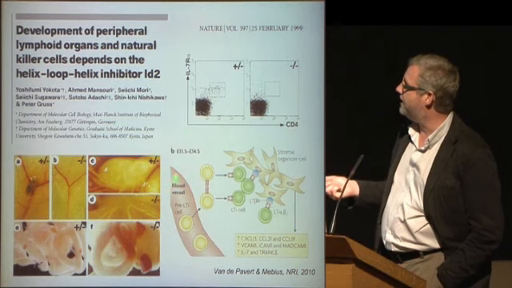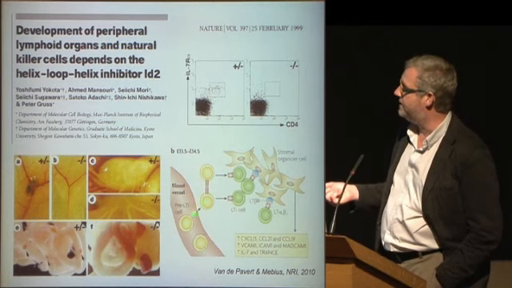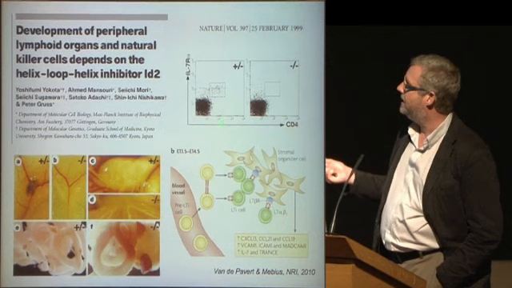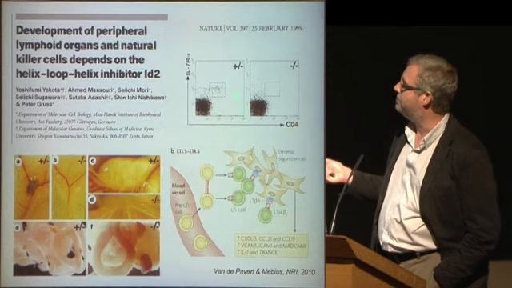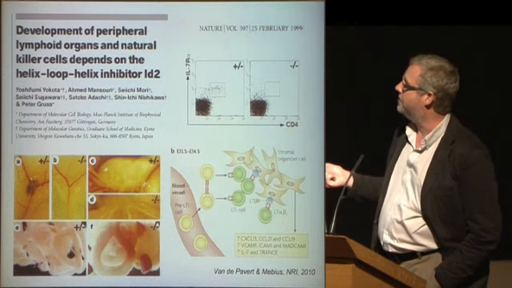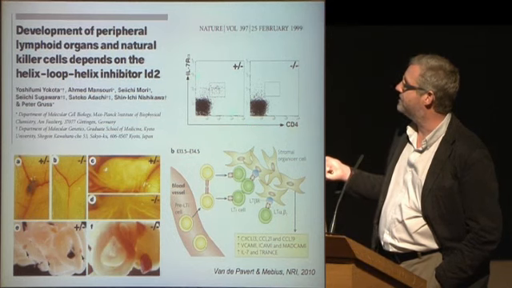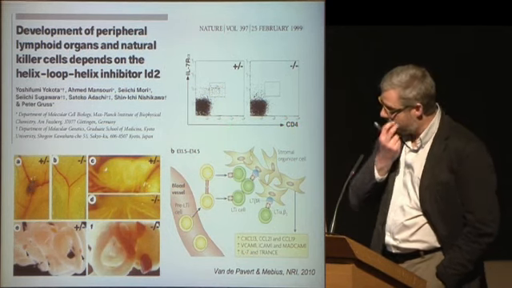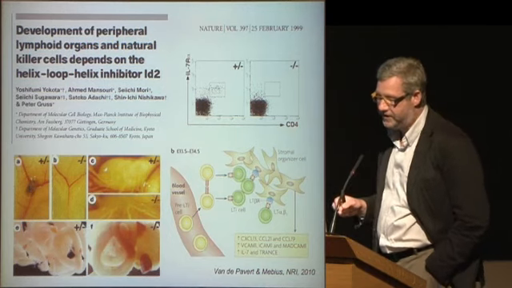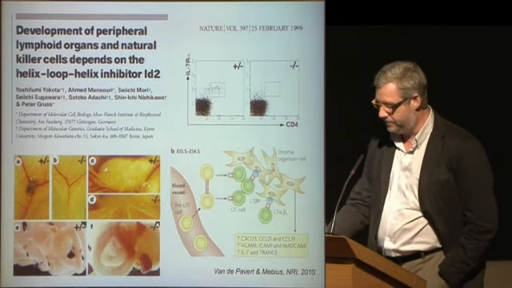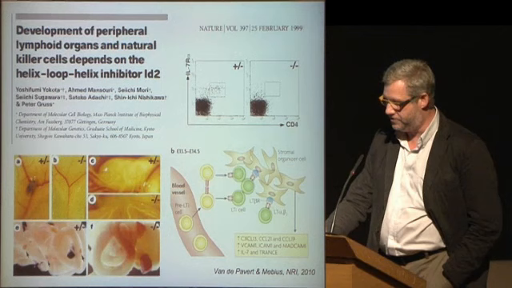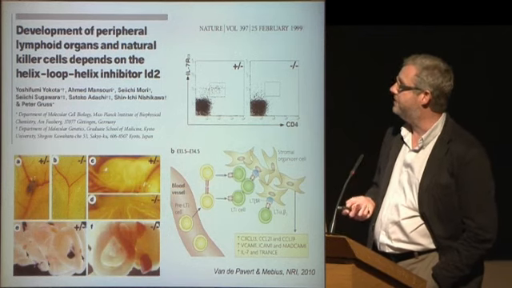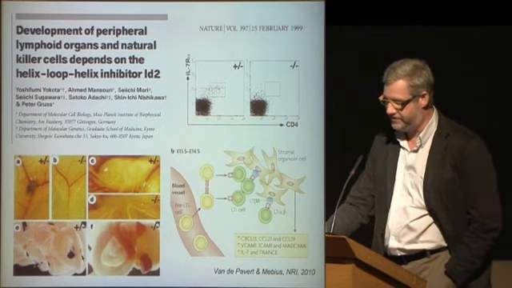So we know that ID2 plays a critical role in the development of these LTI cells, and these are cells, as has been shown by Nishikawa initially, expressing IL-7 receptor. Mebius and colleagues showed that they are CD4 positive and CD3 negative. So these are another subset of innate lymphoid cells that depend on ID2 in order to generate a critical effector for the development of the immune system.